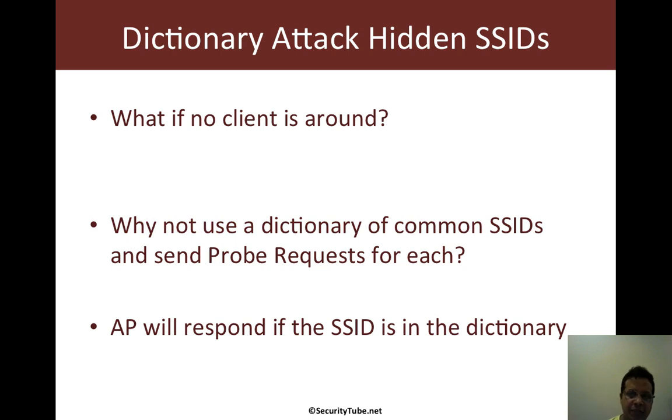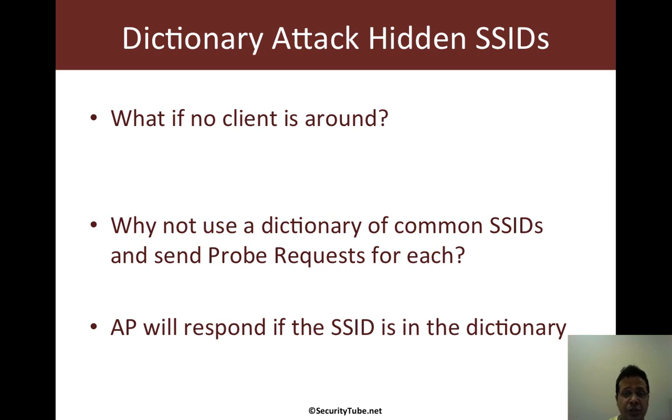Well, in the last video, you saw that we patiently waited for a probe response packet from the AP to an authorized client, and then we uncovered the hidden SSID. But what if there are no clients around? What would you do then?